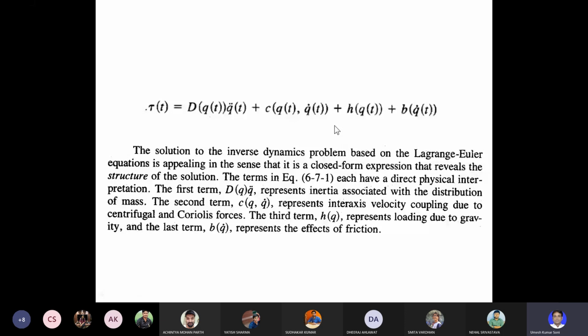M will be fixed. Some link length may be varying, and some link length may be fixed. Based on the particular values, you can use this equation to determine how much torque we need to apply.